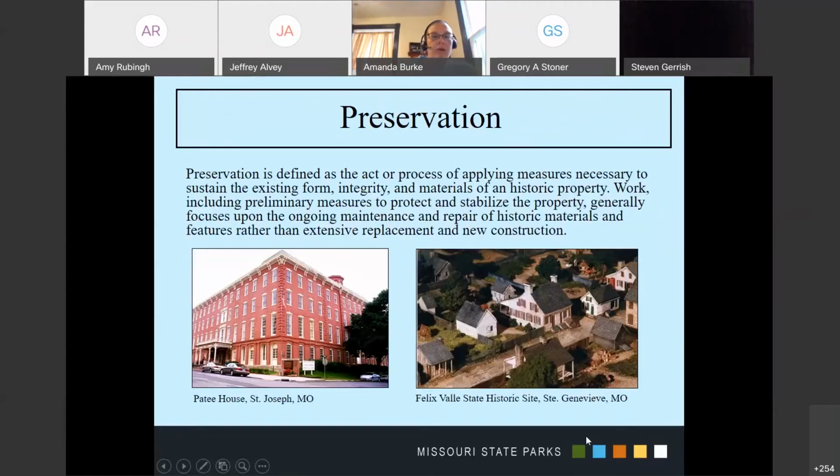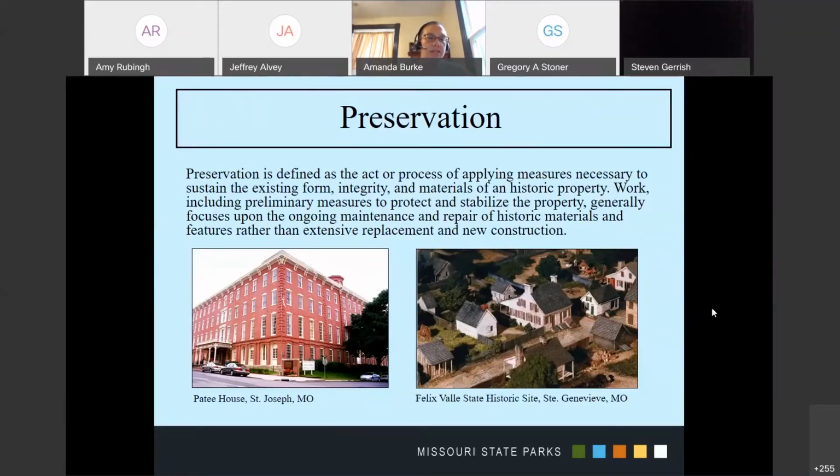Okay, so the first standard that we're going to talk about is preservation. And preservation is really when we are just trying to keep things the way they are right now. So as we have received them. It may not be a specific period. We're not trying to return a property to a specific period or do anything like that.